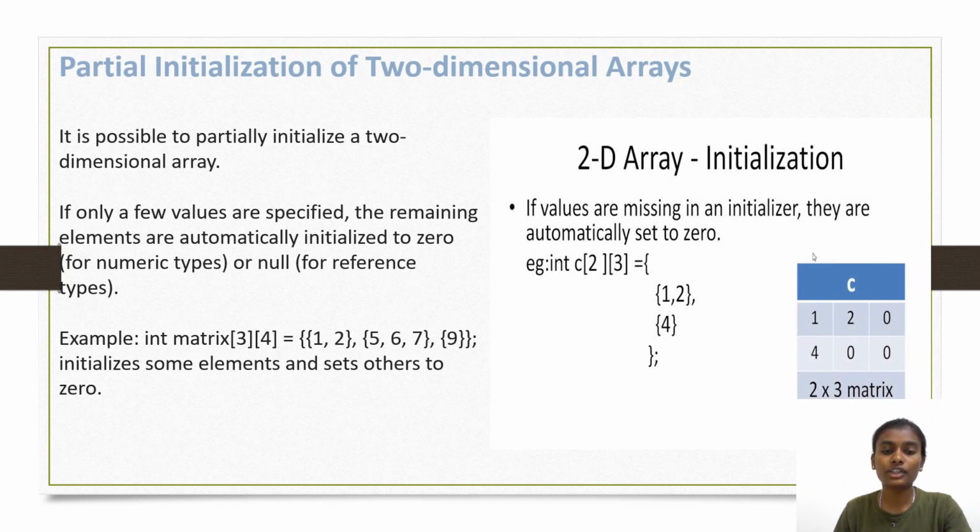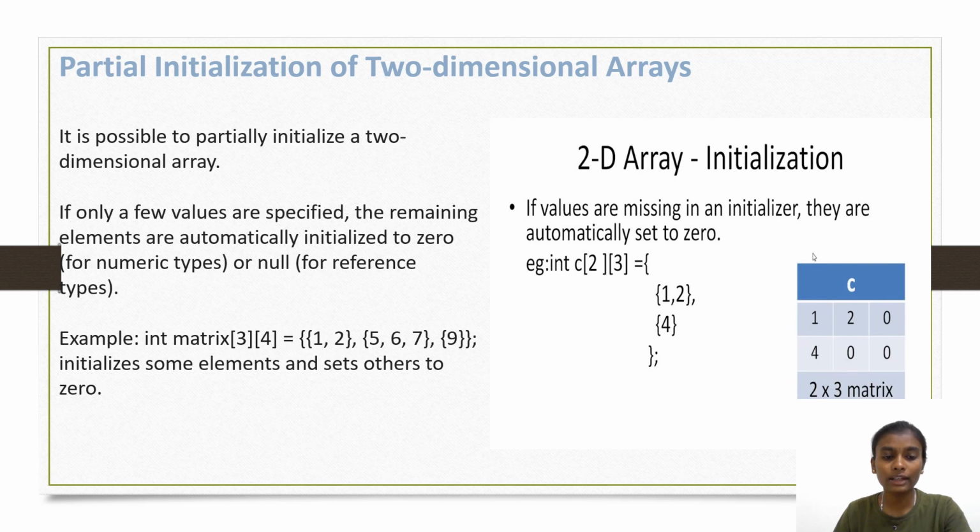Partial initialization of two-dimensional arrays: it is possible to partially initialize a two-dimensional array. If only a few values are specified, the remaining elements are automatically initialized to 0 for numeric types, or null for reference types.